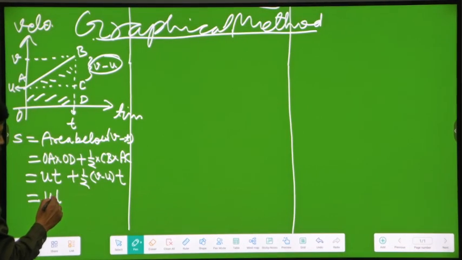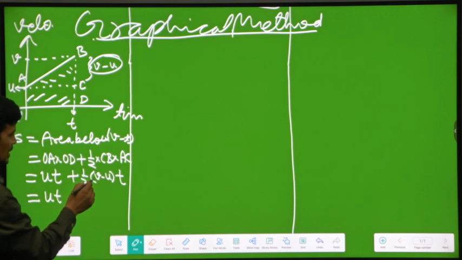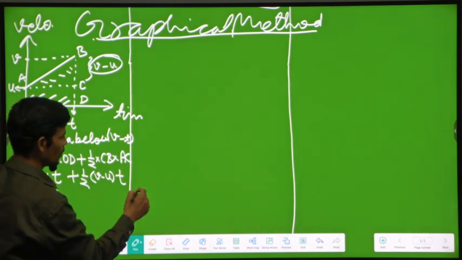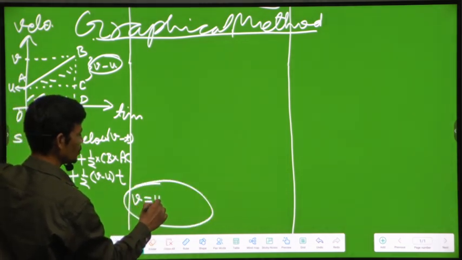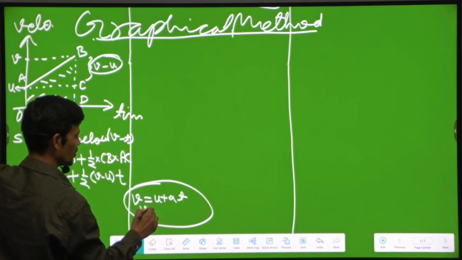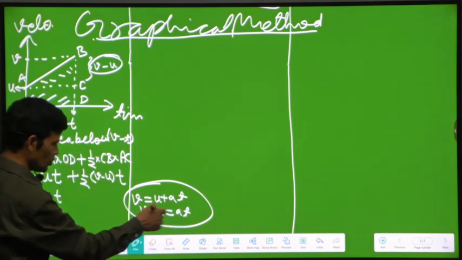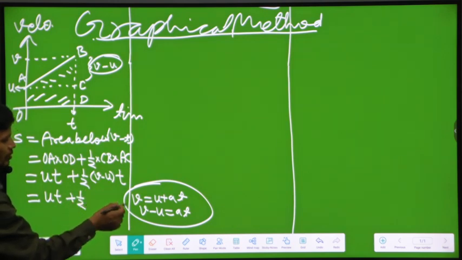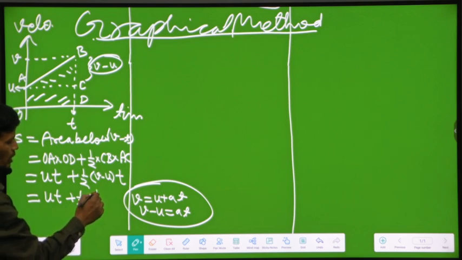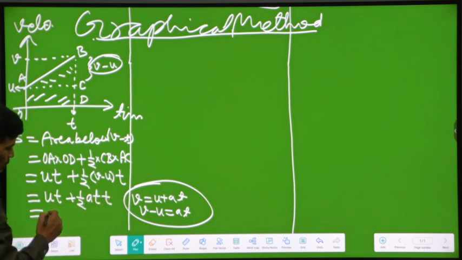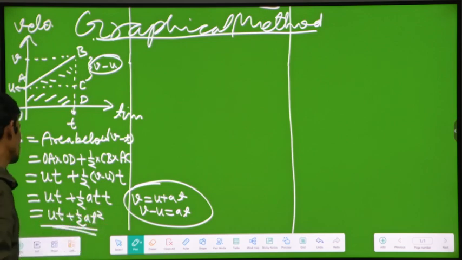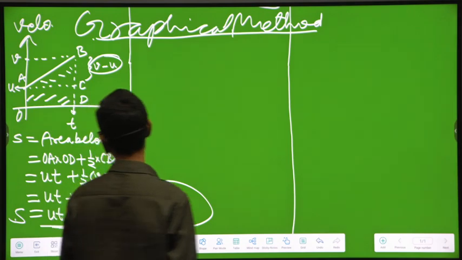So from the first equation of motion, v equal to u plus at, we can write v minus u as at. So I'm putting at here multiplied by t. So it is ut plus half at squared. That's all. This is the outcome of this expression.